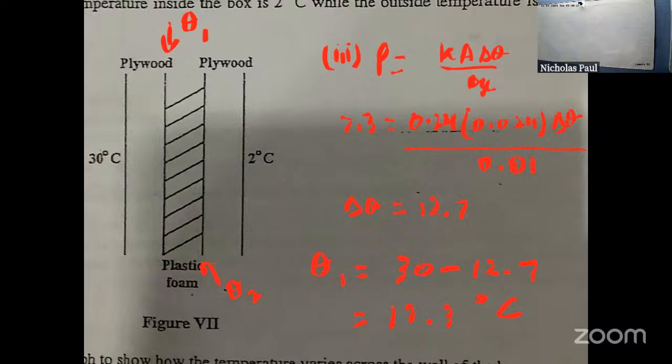What would the temperature change be on that second part?